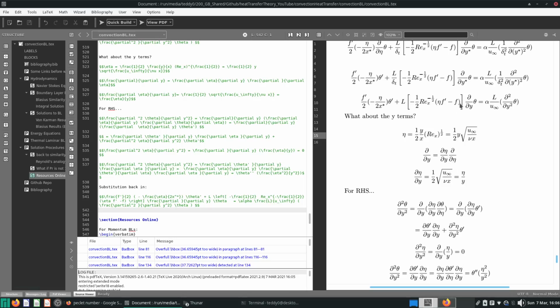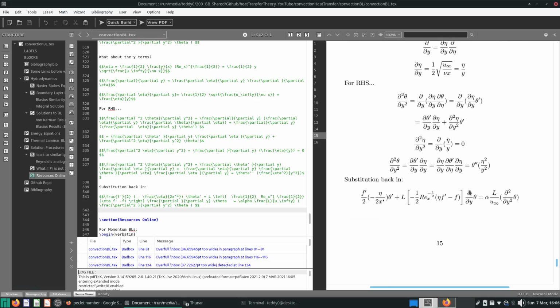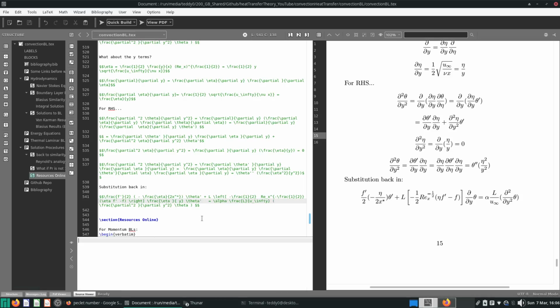Then you have partial by partial eta of theta. So this thing becomes eta over y, and then you have a theta prime here.